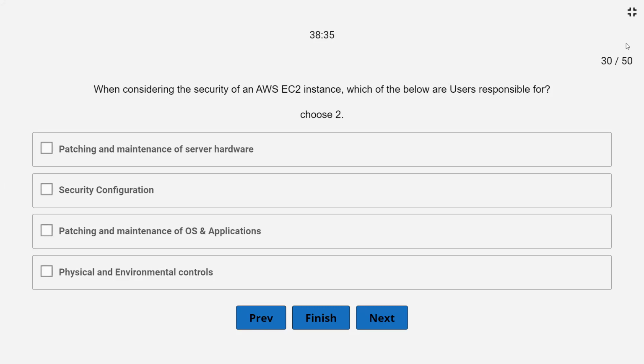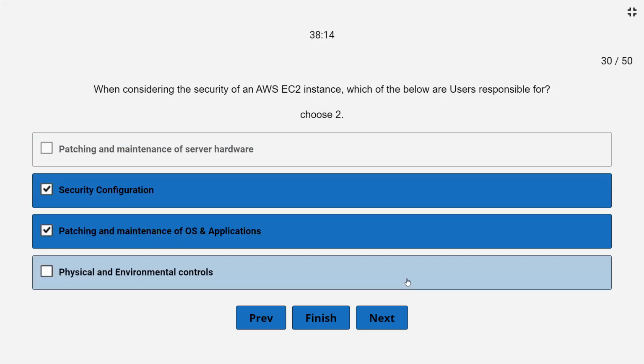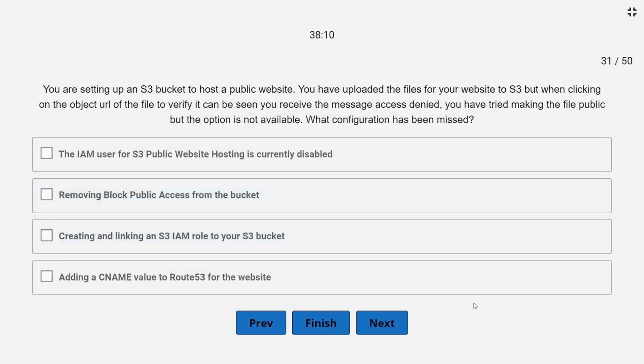What are users supposed to do to secure their AWS instance? Patch and maintenance of server hardware, security configuration, patching and maintenance of OS and applications, physical and environmental control. Of course, anything that has to do with physical is out. Okay, BC.